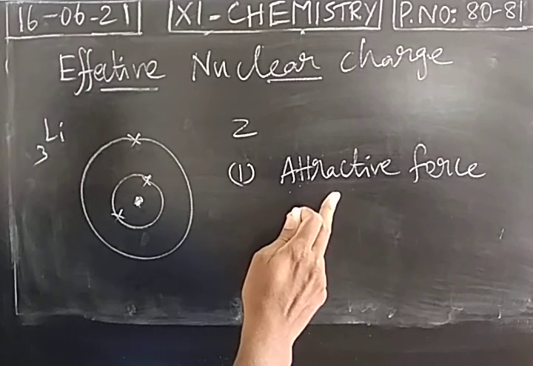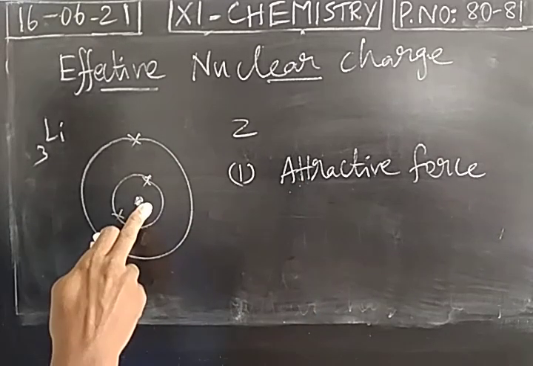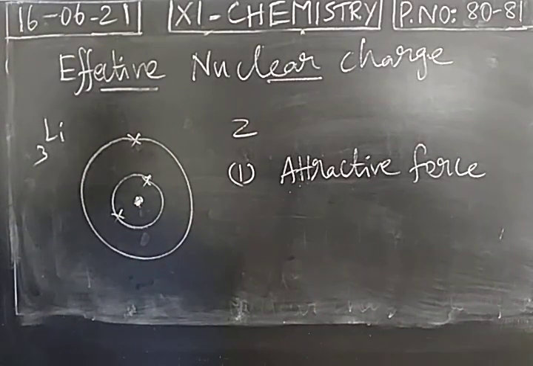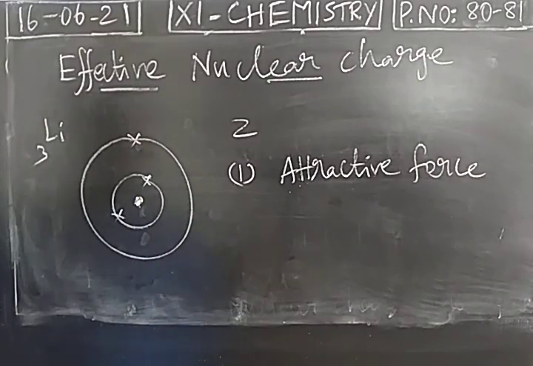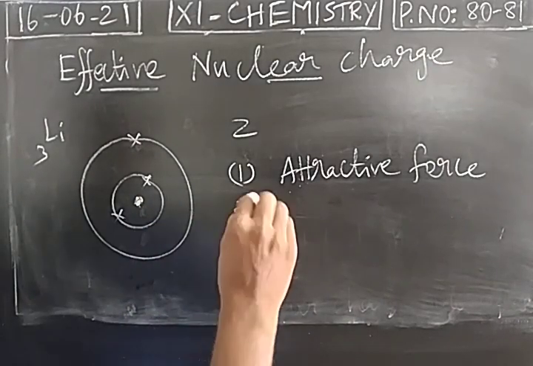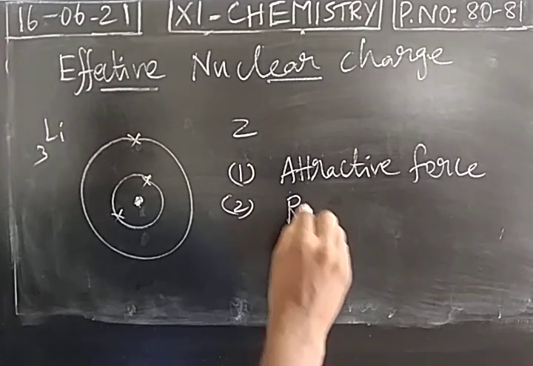So there will be an attractive force between the proton and the electron. Simply, we can say attractive force is operating between the nucleus and the electrons. Then one more type of force is repulsive force.